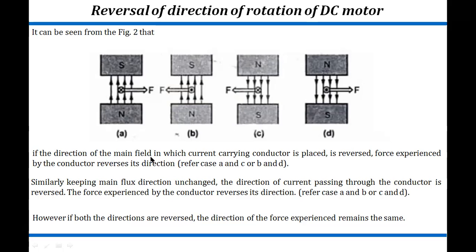If we want to change the rotation of the DC motor, at that time either you can change the direction of current, or we can change the direction of magnetic field.